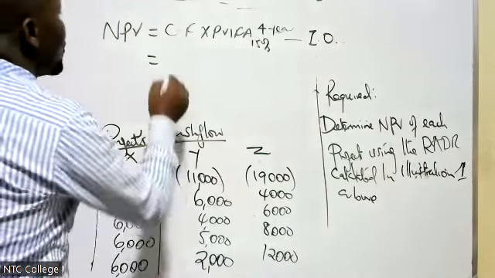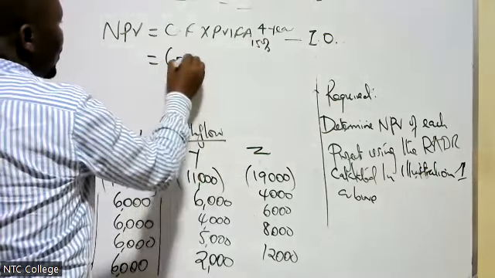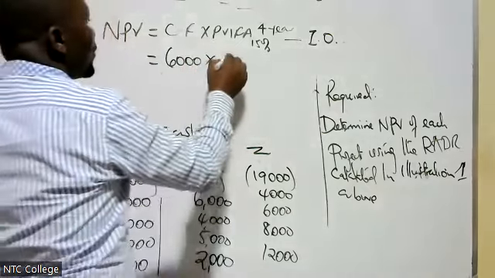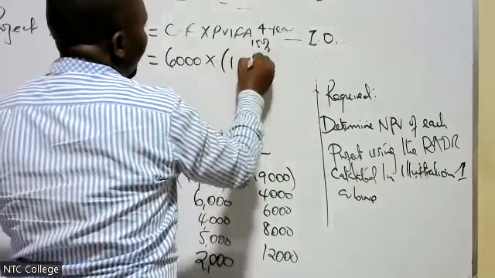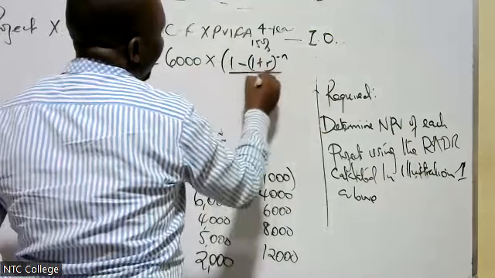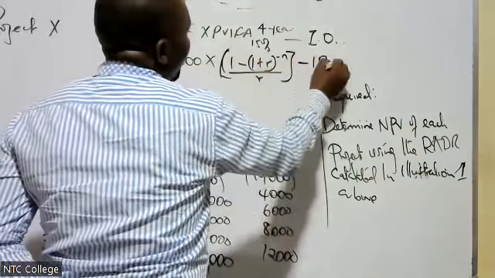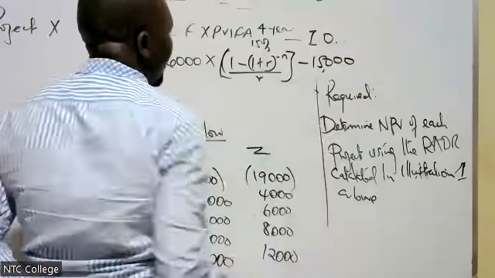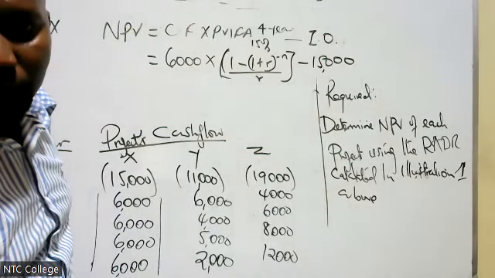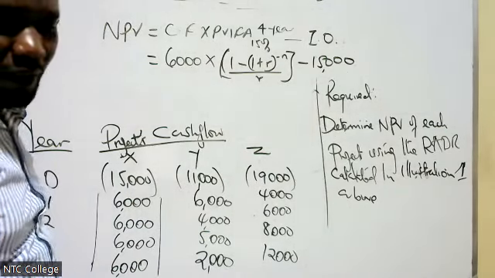So we have here our cash flow, which is now 6,000 times the PV annuity factor. What did you get when you use this formula, minus 15,000? 2.8550.